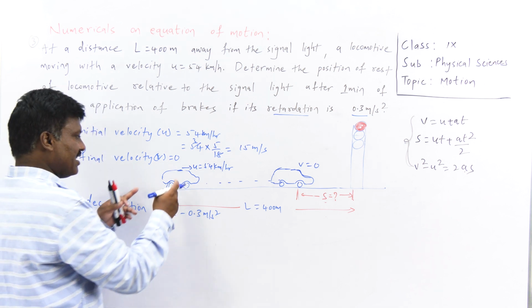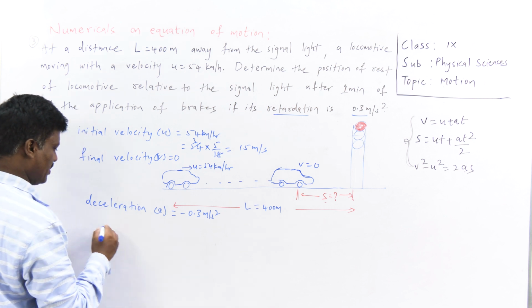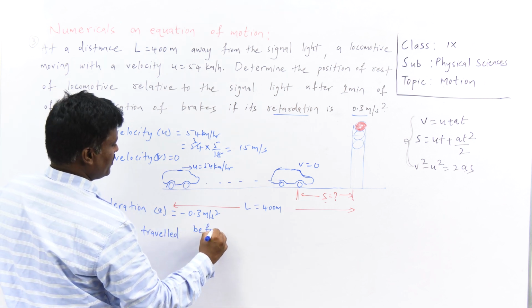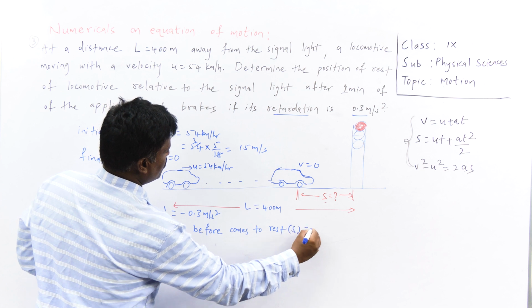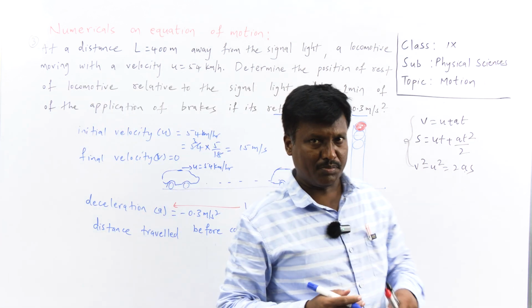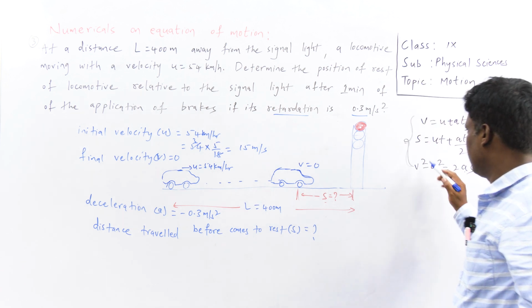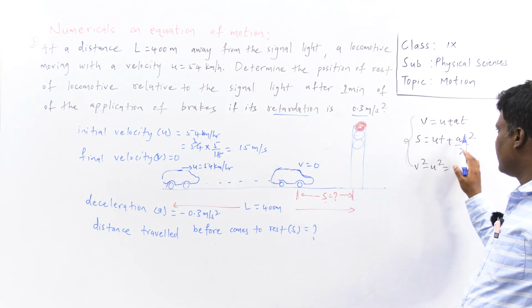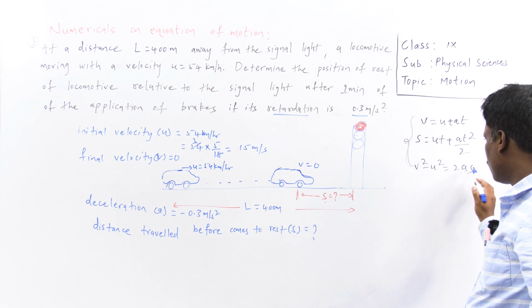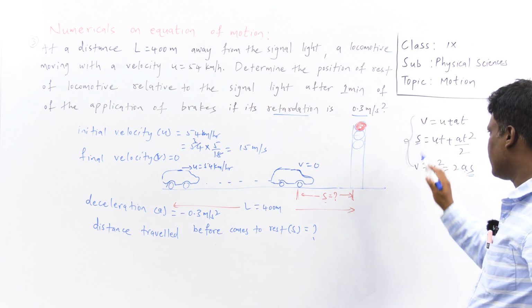Now we have to calculate the distance traveled before coming to rest. S should be calculated. To calculate S, we have two formulas, as we did in the previous problem. One is s = ut + at²/2. The other one is v² - u² = 2as. Here we have s, here also we have s.